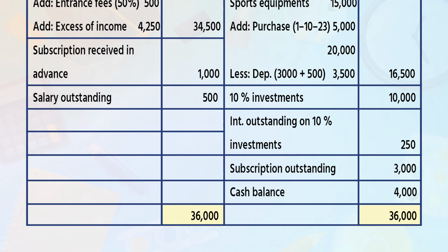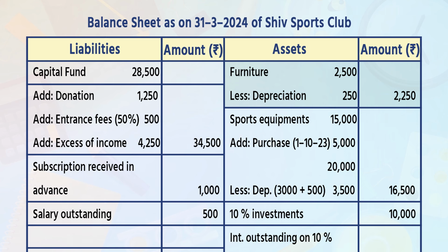Now we'll shift to asset side. First in that, furniture. Furniture amount rupees 2,500 we write down in the inner column because we will have depreciation with it. So less depreciation rupees 250. Outer column 2,250. Next, sports equipment, similarly 15,000 in the inner column. Add purchase 1st October 23, that is rupees 5,000.